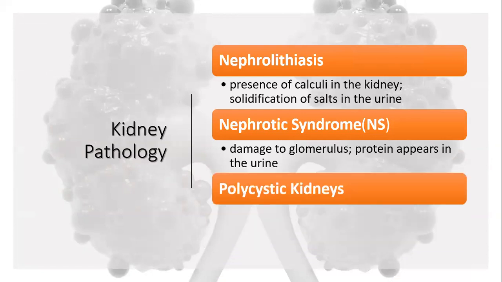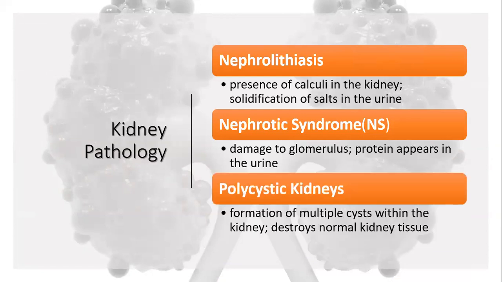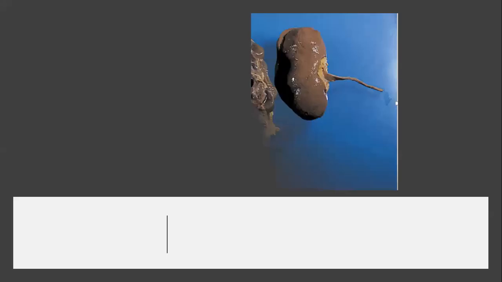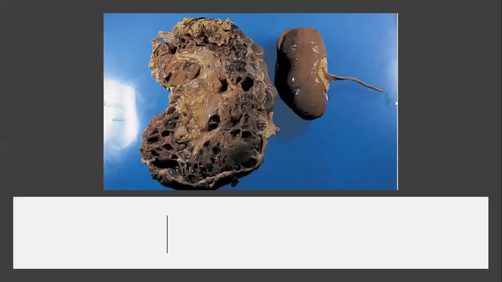Polycystic kidneys, formation of multiple cysts within the kidney that destroy normal kidney tissue, so the ending is renal failure. Here in the figure, you can see the normal kidney and the polycystic kidney on the left side.